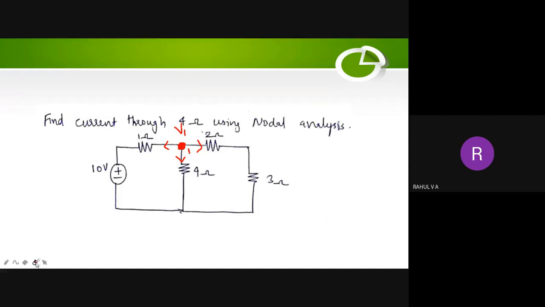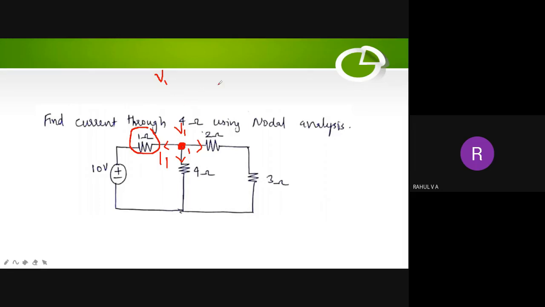While finding I1, for example in this case, you assume that this is I1. To find I1, you take this resistor and find the potential difference across its terminals, assuming that V1 is greater than all other voltages, or V1 is greater than 10 volt.